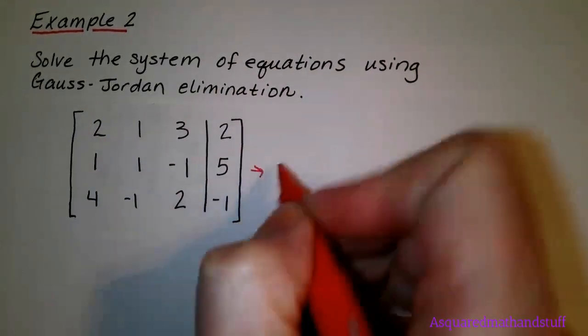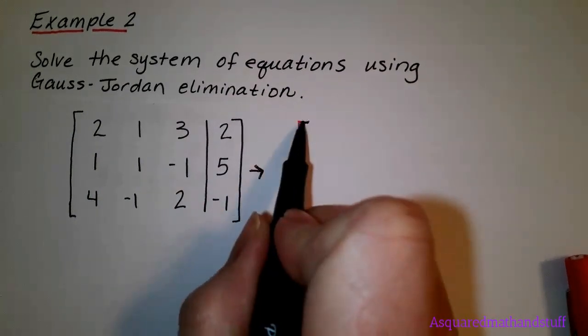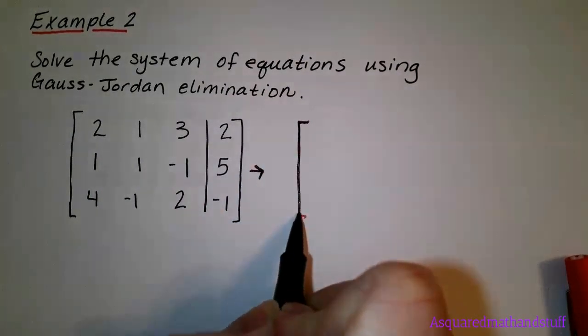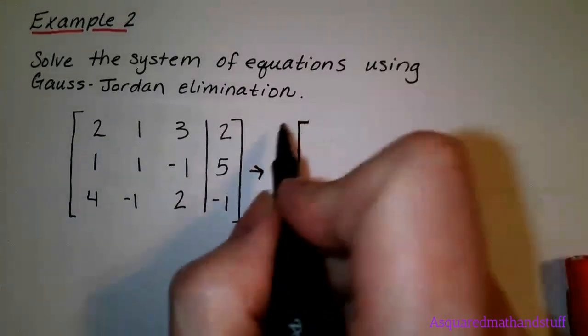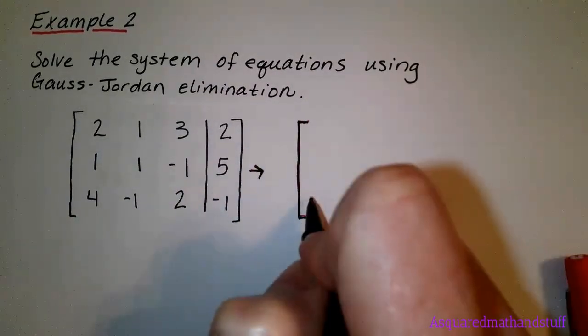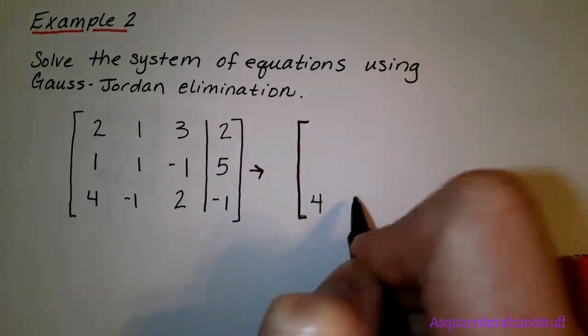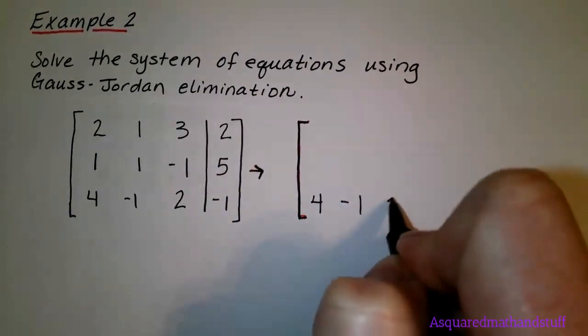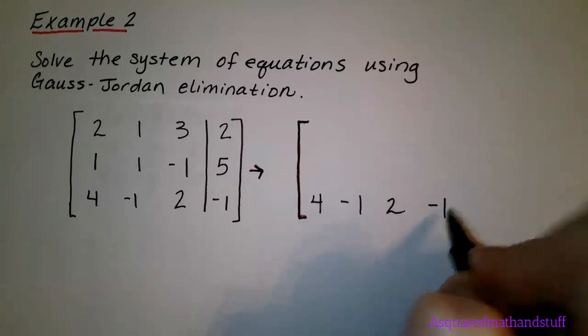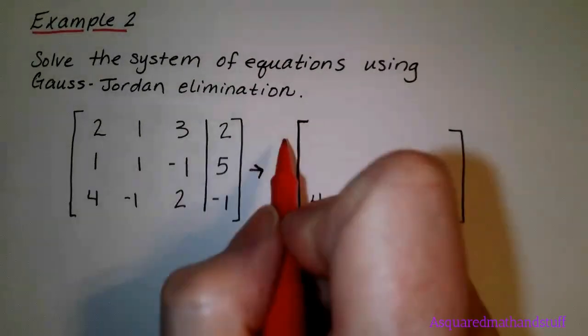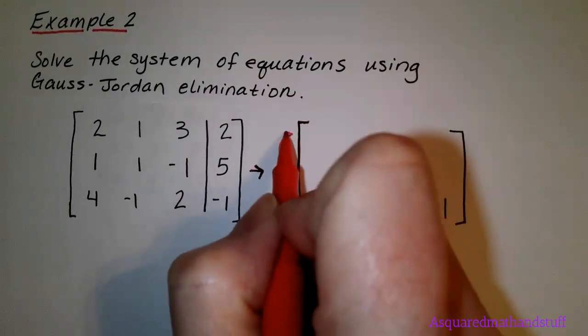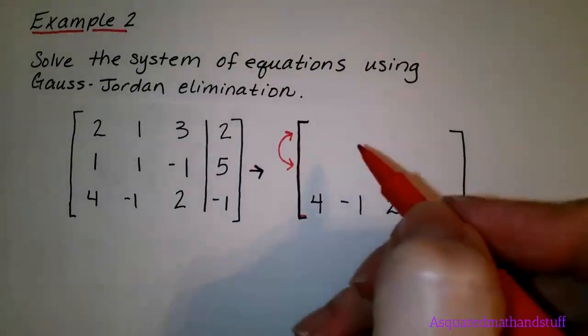So I'm actually going to swap row 2 and row 1, and our next matrix looks like this. We haven't done anything with row 3, so I'm going to rewrite the values for row 3, and I'm going to indicate that I'm swapping 2 rows, and we do that with the little curved lines with the double arrowhead.